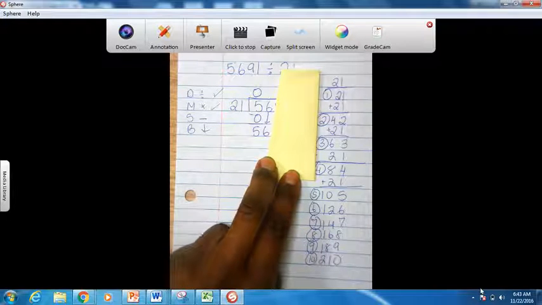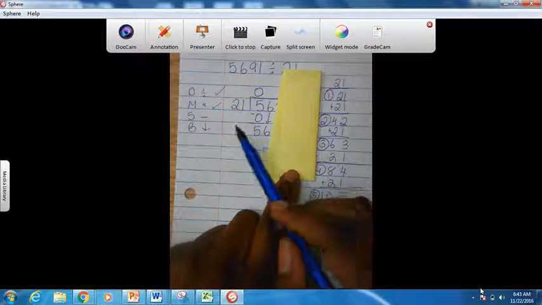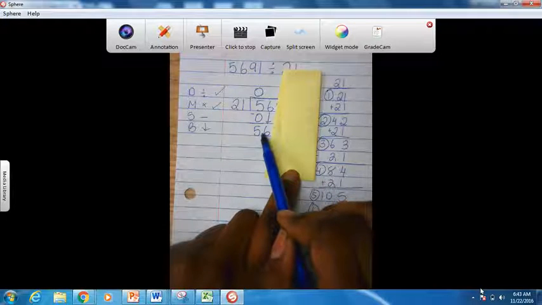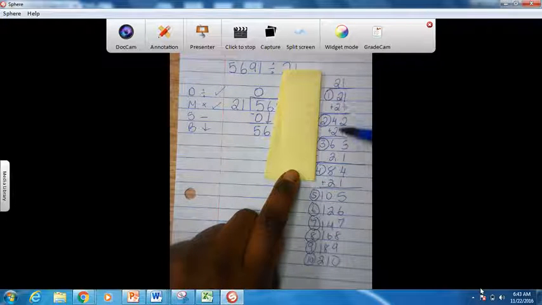So now the question is asking, how many times will 21 go into 56? Well, let's take a look at our list. And we're trying to get as close to 56 without going over. Well, all the numbers out here are too big, so I'm going to go back up. 63 is too big, 42. Okay, so 56 is going to be between 42 and 63, but 63 is too high.